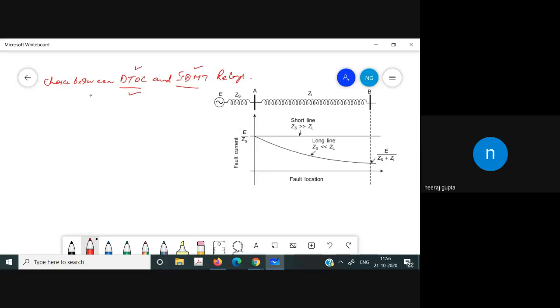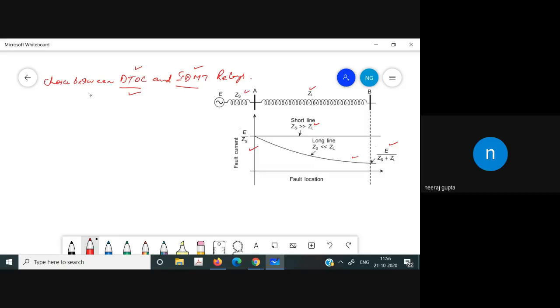Now, let us consider the system that we discussed in the previous lecture also. As we are moving towards the source, ZL, that is the line impedance, is decreasing, and as a result, the fault current will increase, because the fault current is equal to E divided by ZS plus ZL.